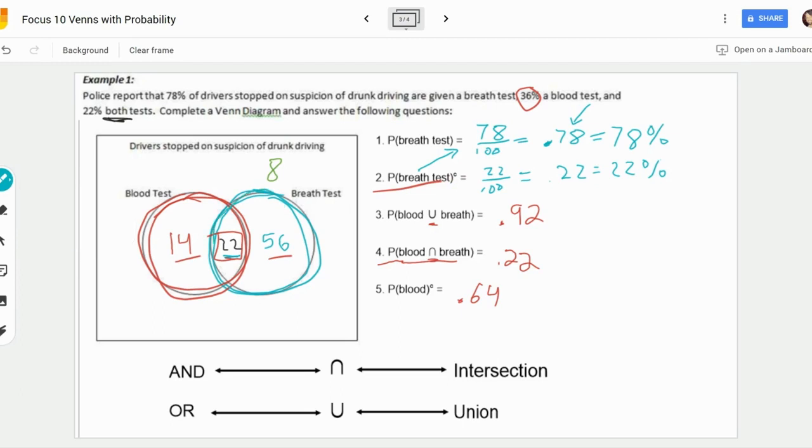Here's the breath test circle, and it was 78. Everything that's not in there would be the 14 and the 8. If you add those up, you get 0.22. That's where this came from. This blood and breath, 22 out of 100, or 22%, or 0.22, came from the both. So it's just a coincidence those are the same numbers.